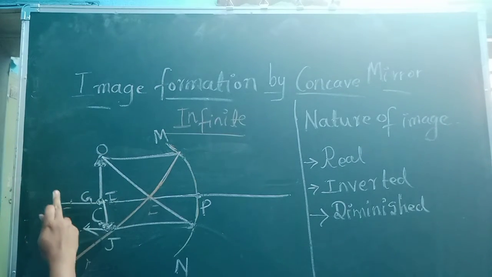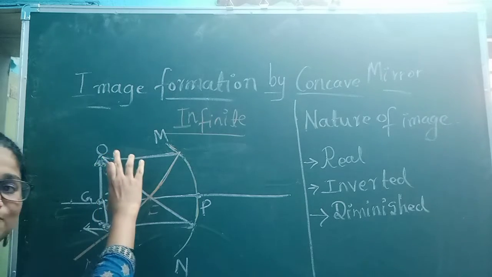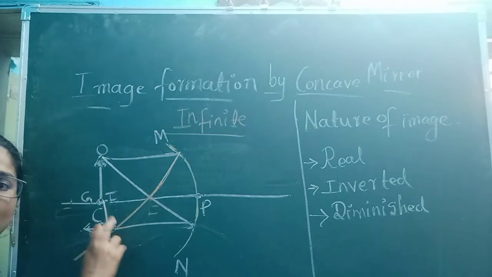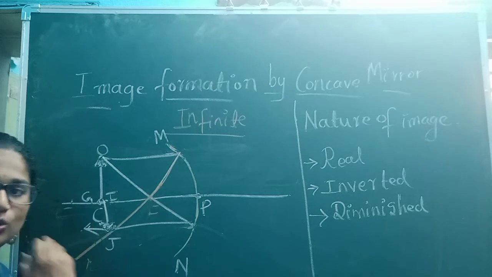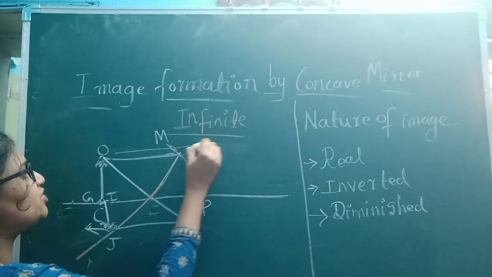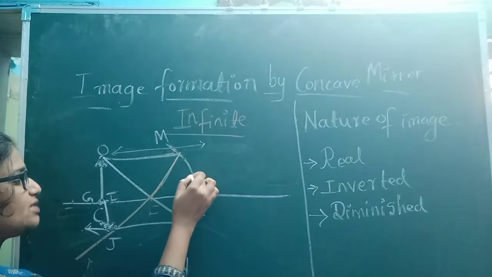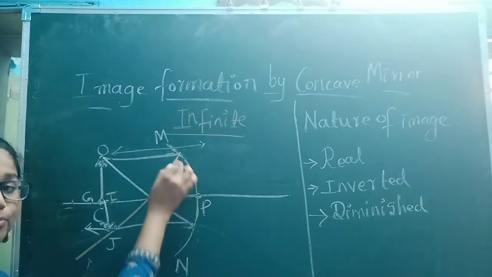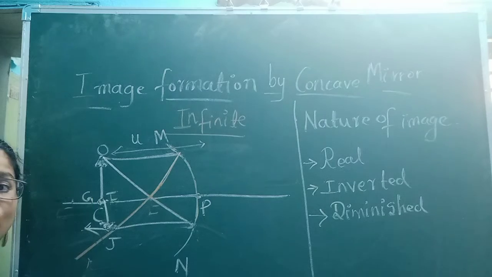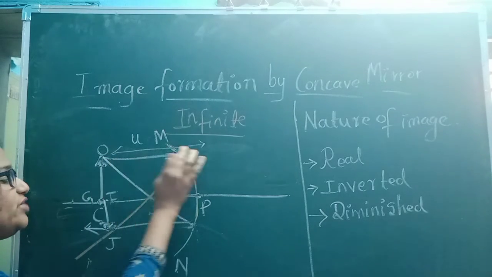So when an object is placed at the center of curvature, the image will be formed at the center of curvature only. So here I can say the distance between the object and the pole of a spherical mirror is denoted by u. It is called the object distance.